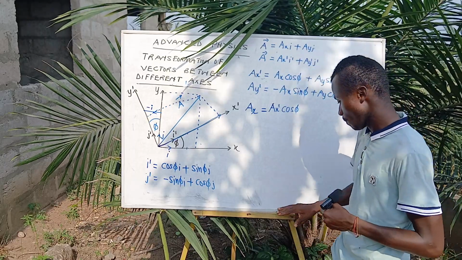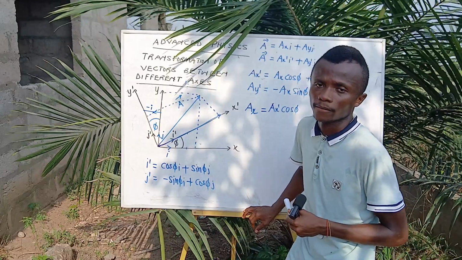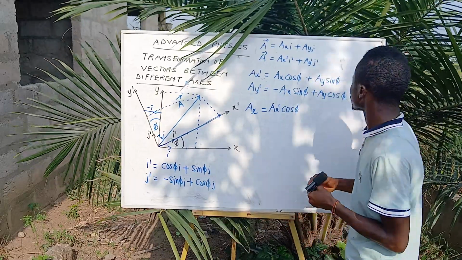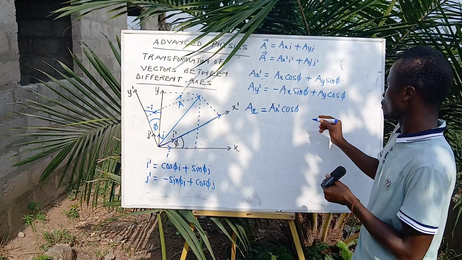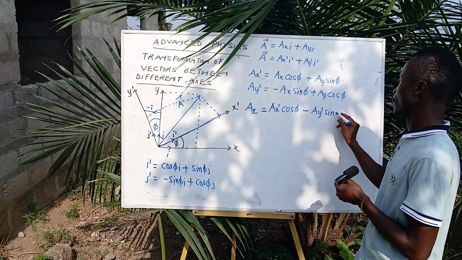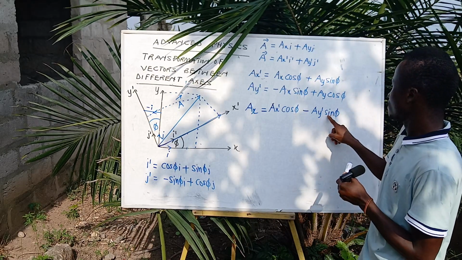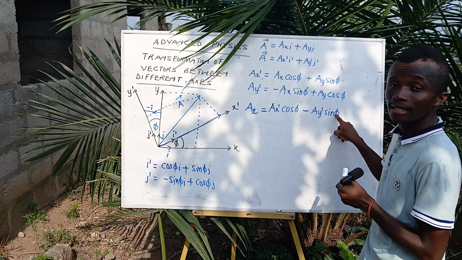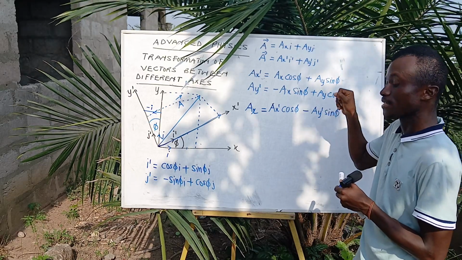So the cos function is an even function, but the sine function is an odd function. So this will give you negative ay prime sine phi. We are getting the negative because if you put negative phi here, sine negative phi is equal to negative sine phi.